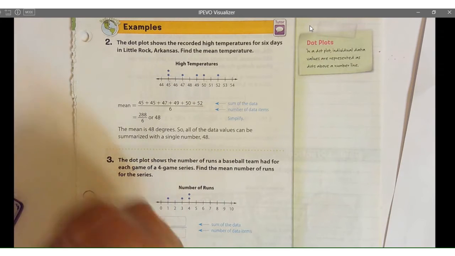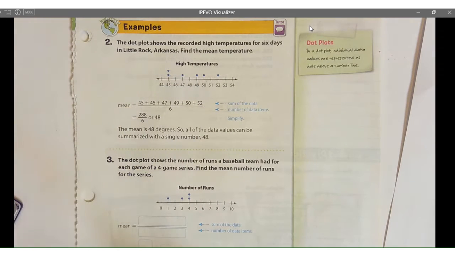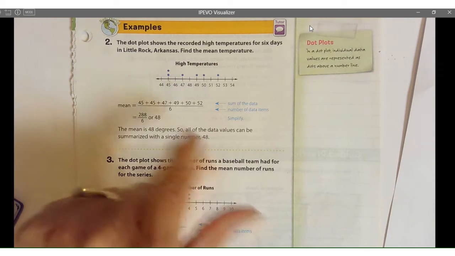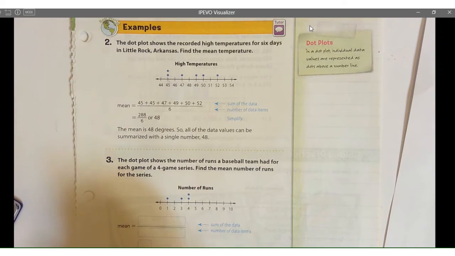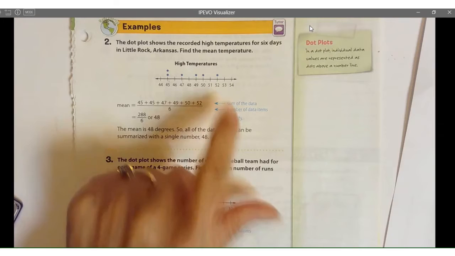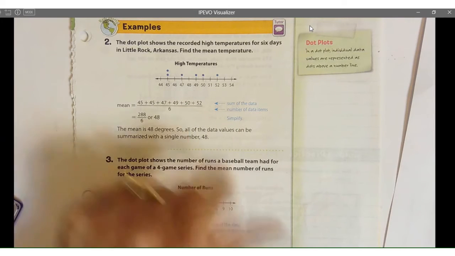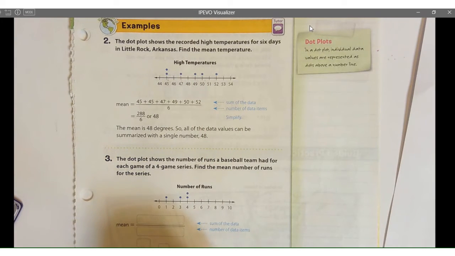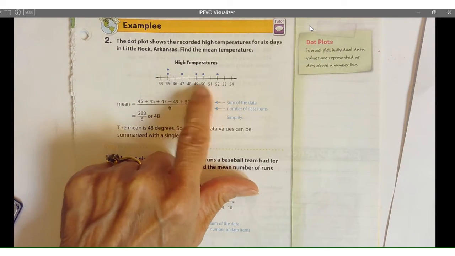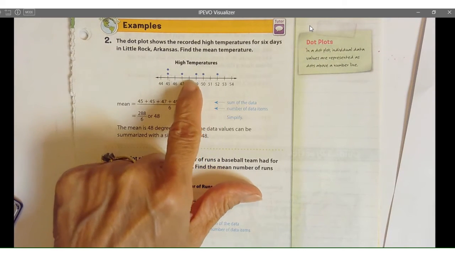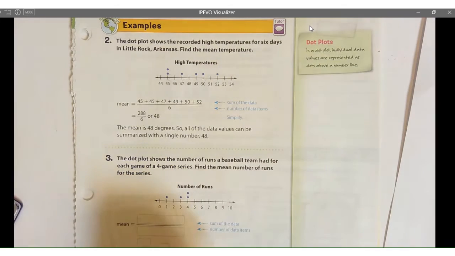So what we just figured out is that the average temperature in Little Rock for those 6 days was 48. Not 52, not 45, 48. It's pretty cool. And if you notice, that 48 kind of falls right in the middle. So it's the average. It's pretty neat. That's what's neat about dot plots.